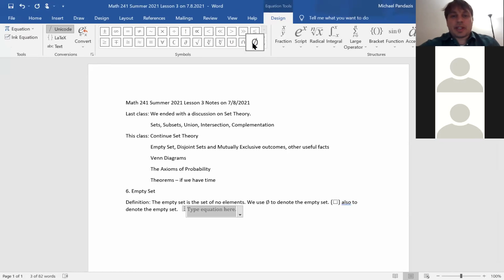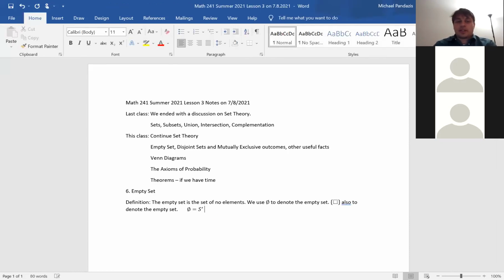Note that the empty set is equal to the complement of the universal set, S prime, where S is the universal set.